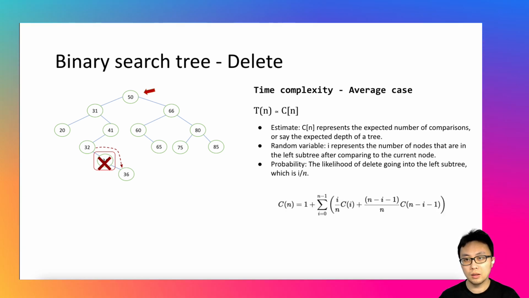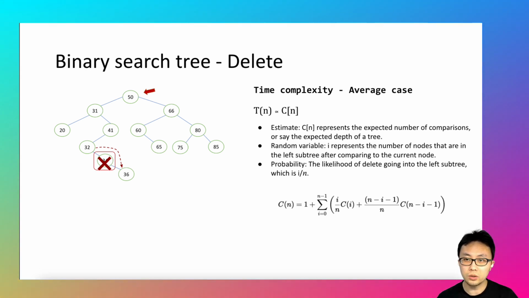Based on the assumption, we will be able to compute the recurrence relation for the expected comparison numbers. It looks exactly the same as the average case for the search method, because the main cost comes from searching for the target node, and the delete operation has only a slight additional overhead, but can safely be ignored.